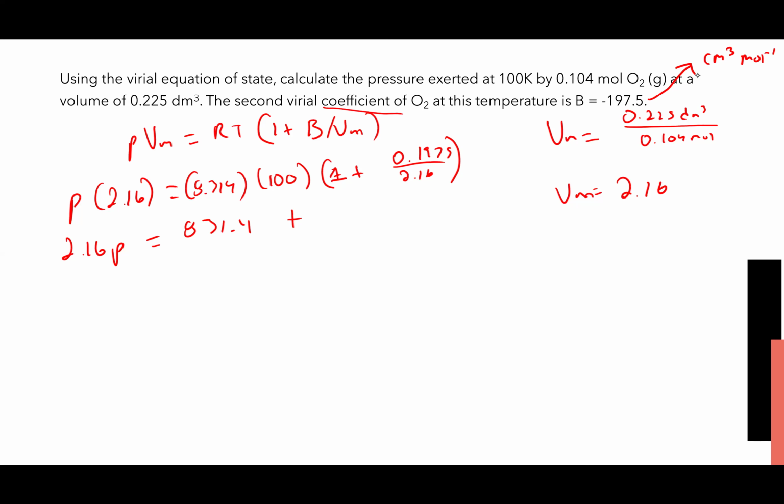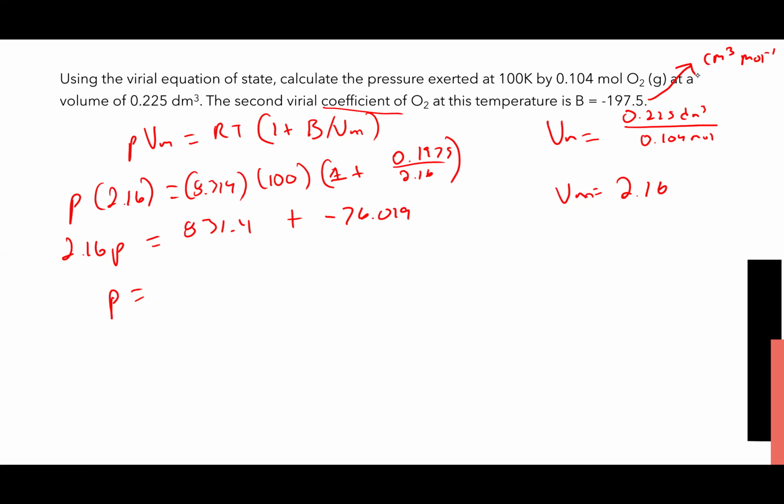So we do 8.314 times 100 times negative 0.1975, and then divided by 2.16. All right, that gets me an answer of negative 76.019, right? Much more manageable.